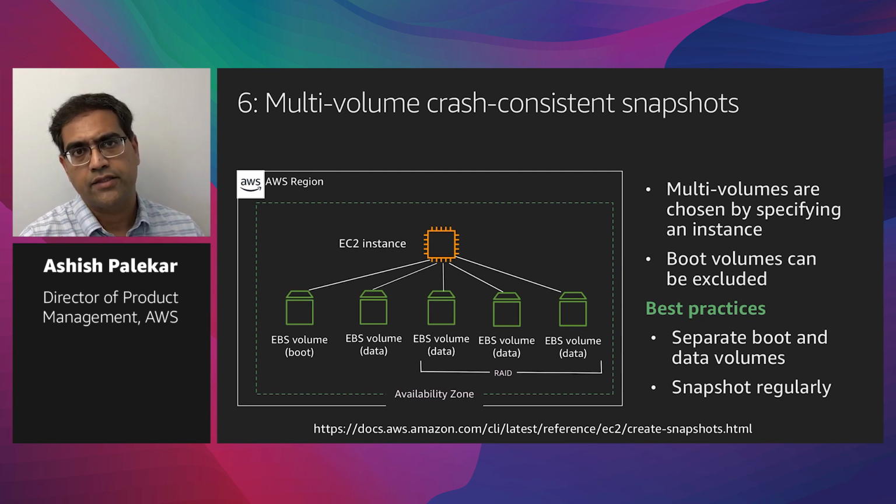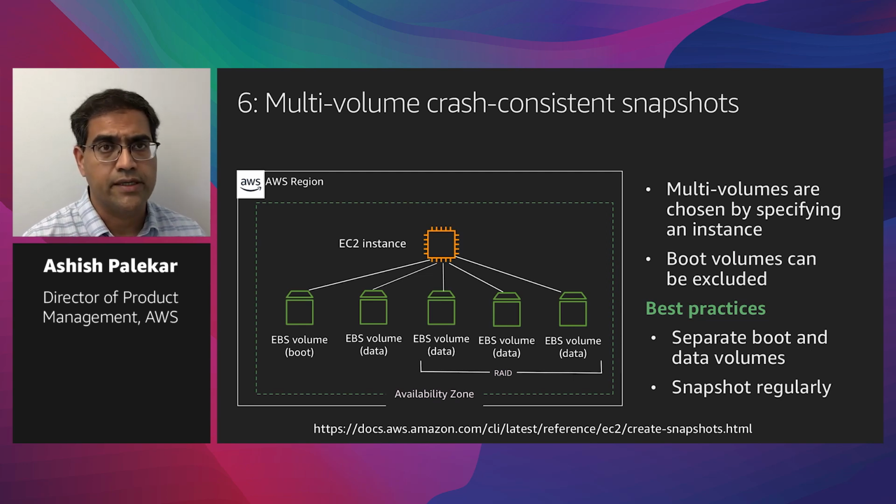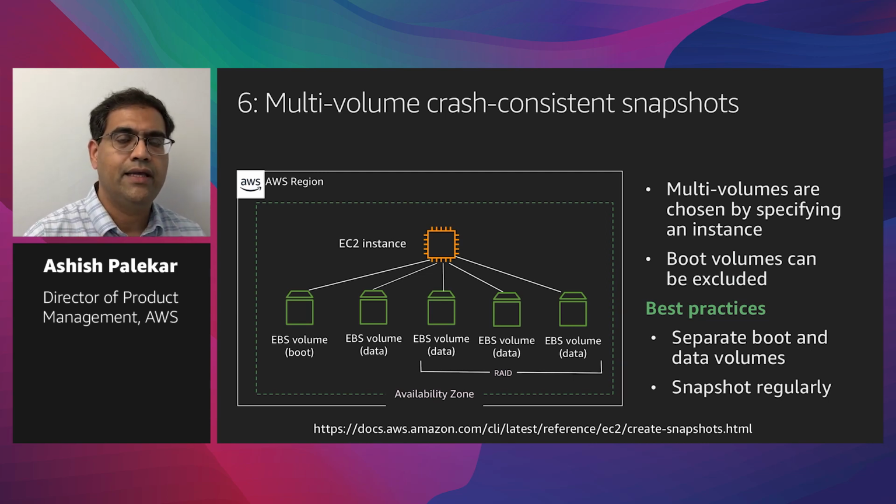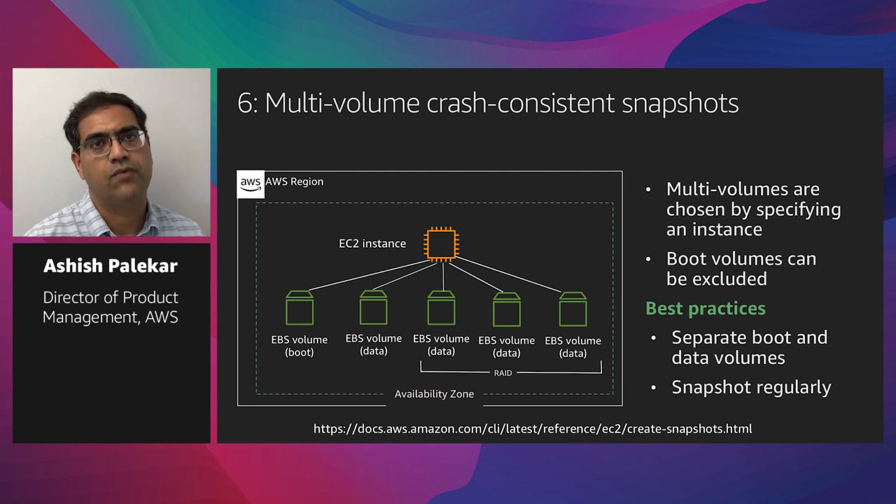The net result of that is if you now want to take a snapshot of these multiple volumes, previously, what customers would do is pause I/O at the EC2 instance level and then take a snapshot of each of the attached volumes. Right? In other words, they were doing the heavy lifting of coordinating the snapshot across these different volumes.